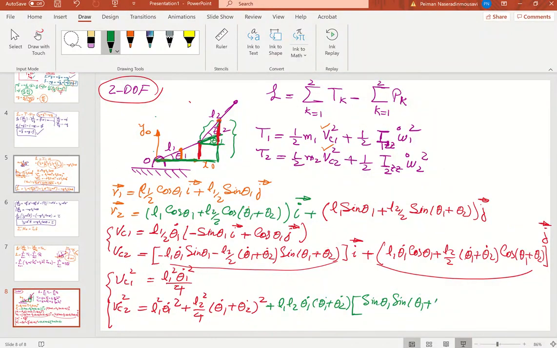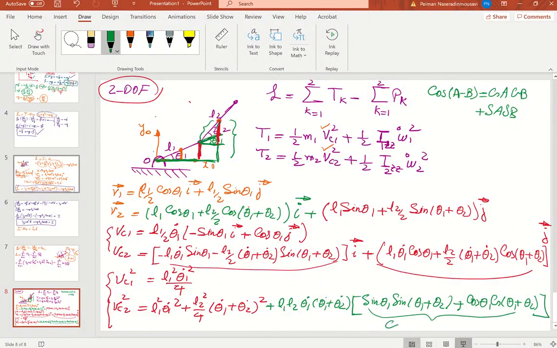Now this times plus cosine theta 1 cosine theta 1 plus theta 2. But we know from trigonometry that cosine A minus B is cosine A cosine B plus sine A sine B. So you see, we have the same here. The result of this, comparing that, is going to be cosine of theta 2.